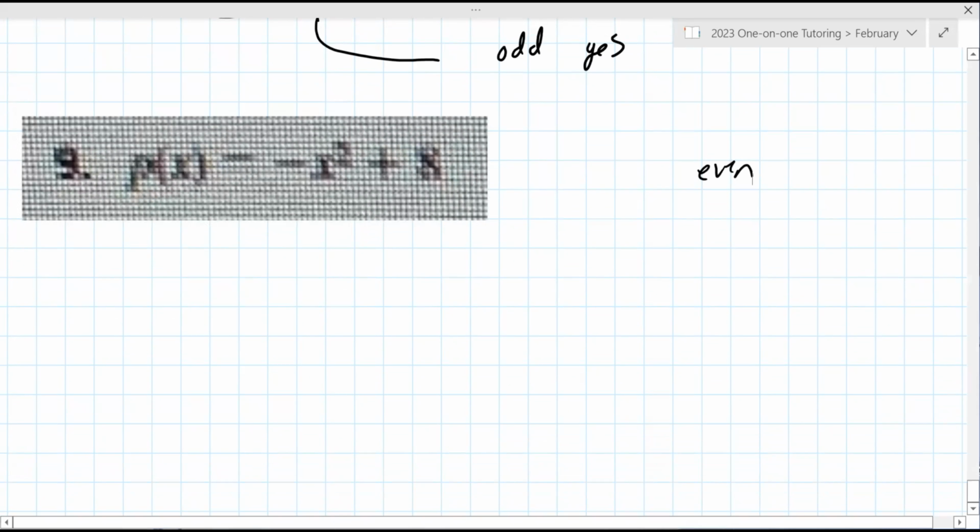Okay, so that says f of x equals -x squared plus 8. Then f of -x equals -x squared plus 8.